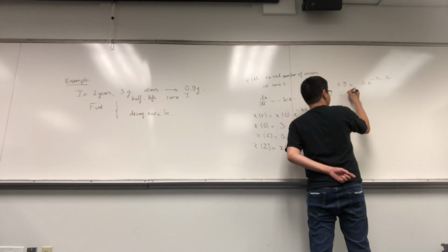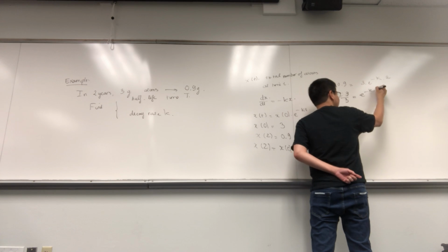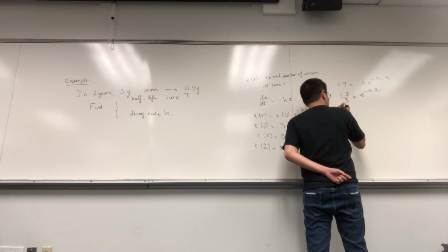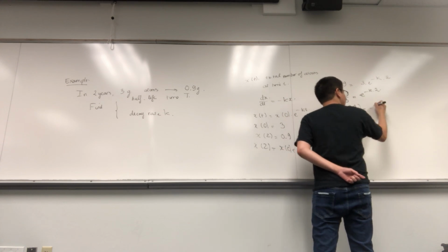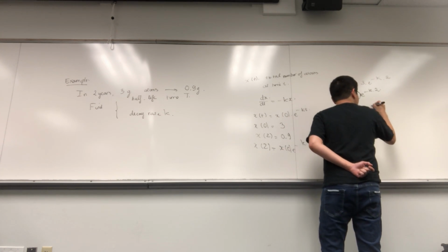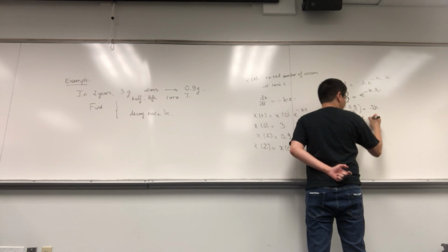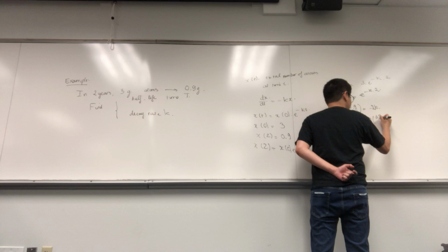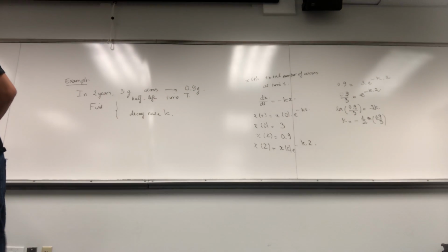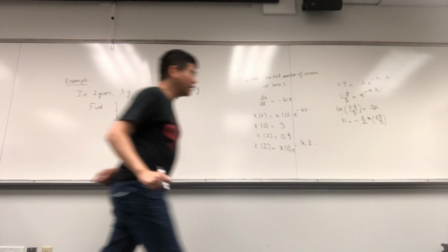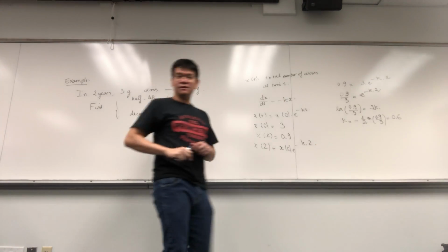I have 0.9 over 3 is e to the power minus 2k. So log of 0.9 over 3 is minus 2k. So k will be minus 1/2 of log of 0.9 over 3. And k will be 0.6. All right?